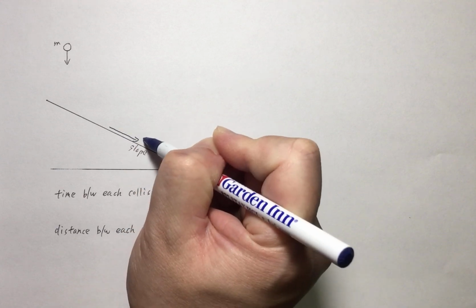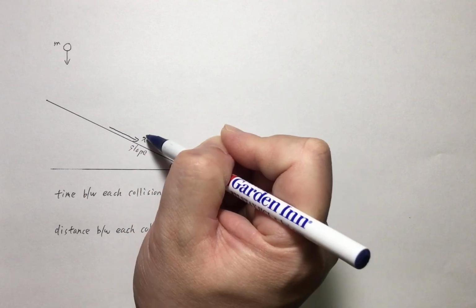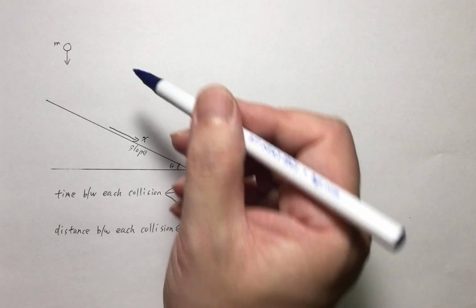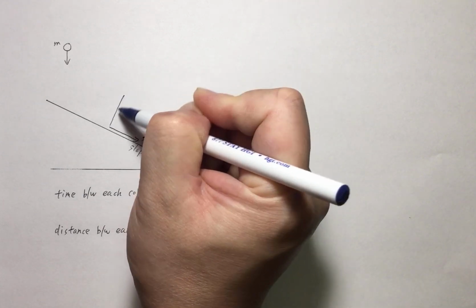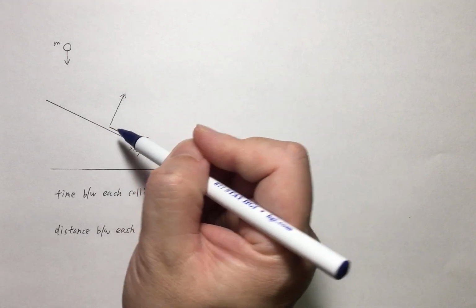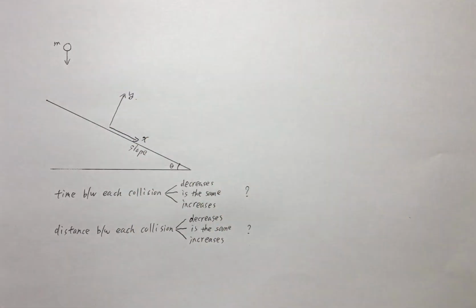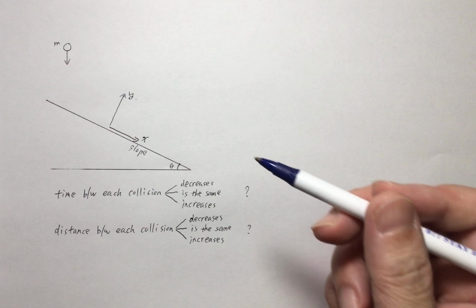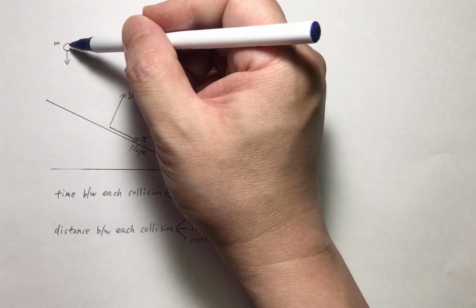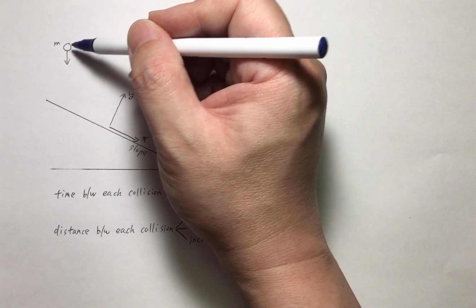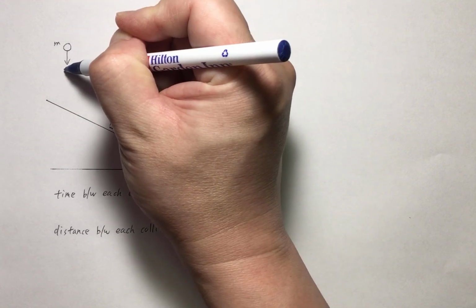So the direction that is parallel to the slope we assume as x, and the direction that is perpendicular to the slope we assume to be y. And so as we can see here, the ball is subjected to a gravity force that is mg.